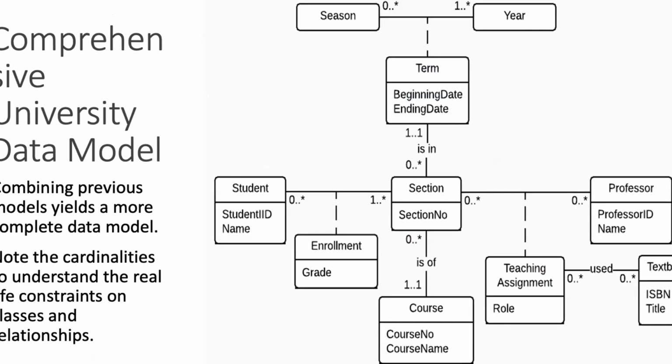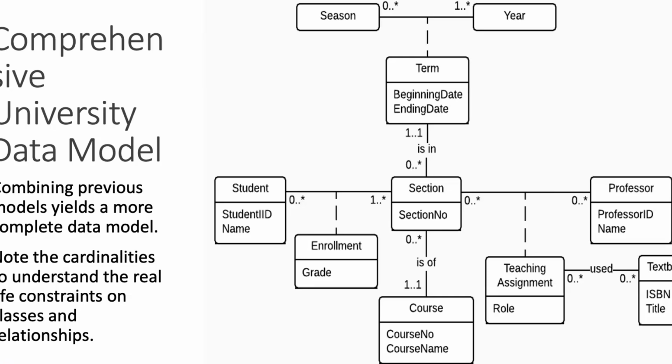First of all, we start with the year and seasons, spring, fall, summer, and then the association is the term, starting August to December for the fall semester, and each term has multiple sections.